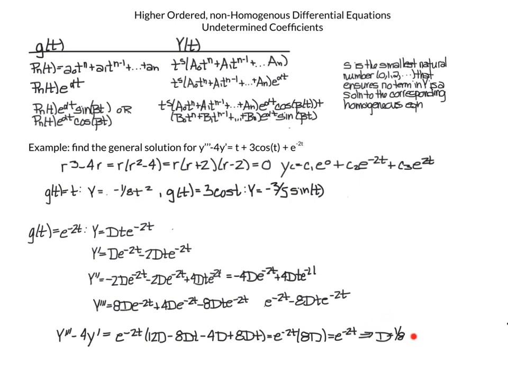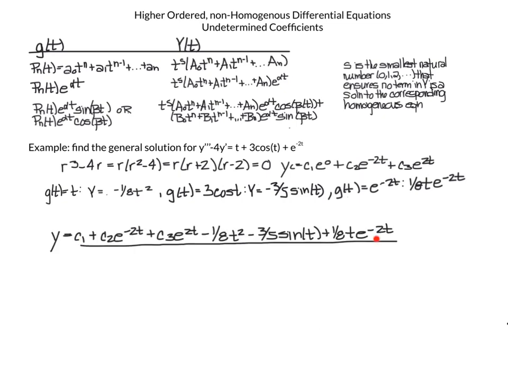And what that gives us is d is equal to 1/8. And here I'm going to add my last solution for g of t equals e to the minus 2t. That gives me 1/8 t e to the minus 2t. So these are my three solutions here: my minus 1/8 t squared, my minus 3/5 sine t, and my 1/8 t e to the minus 2t.